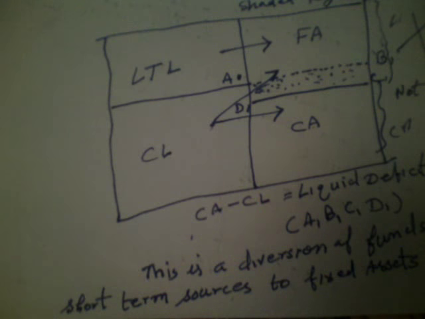You can do it from the balance sheet and find out the amount siphoned off, but there are other ways. Beyond the balance sheet you have to go. Then only you can prove that. So this is siphoning of funds and this is diversion of funds. From here we can find out diversion of funds, not the siphoning of funds.